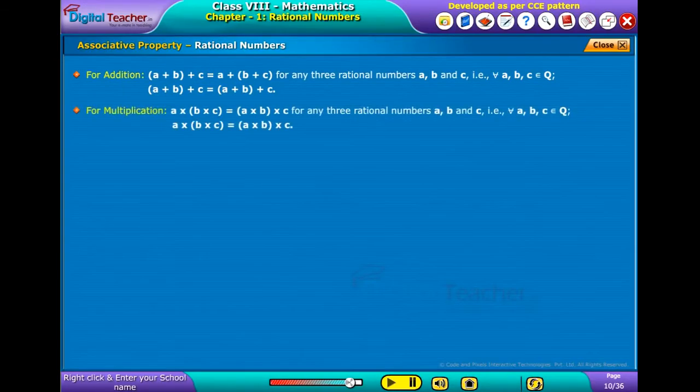For multiplication, a into (b into c) is equal to (a into b) into c for any three rational numbers a, b and c, that is, for all a, b, c belonging to Q, a into (b into c) is equal to (a into b) into c.